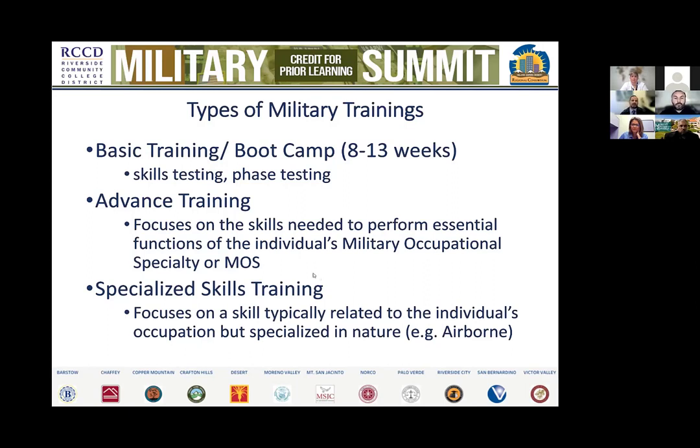I'll give you an example. If you have an individual entering the military and they're going into infantry, after basic training they're going to go into AIT, or in the Marine Corps, it's called SOI, or School of Infantry. While you're in School of Infantry, you are undergoing training specific to what you're going to do as a basic infantryman or basic rifleman.